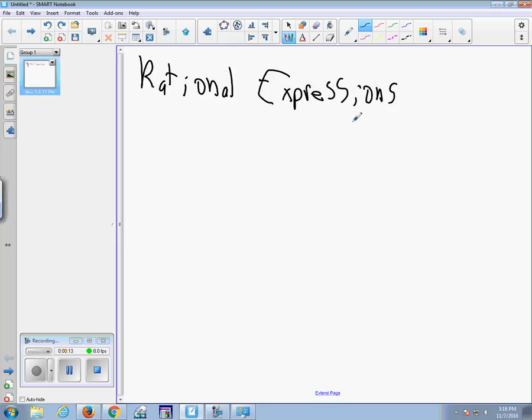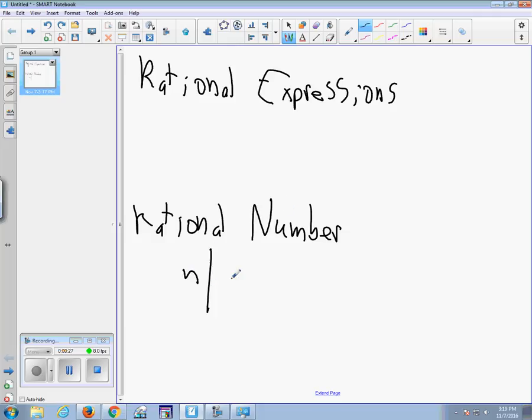We've already talked about rational numbers. Let's remind ourselves of the definition of a rational number. It's a number that can be written as a ratio of A to B. But I don't mean an equal sign there.